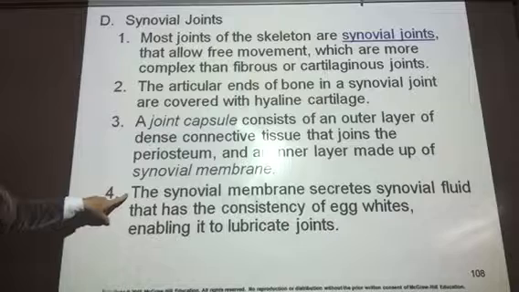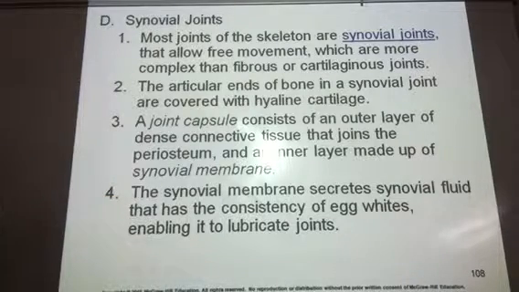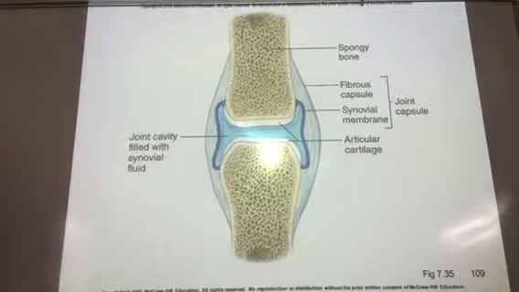The synovial membrane secretes fluid, which is very important for your joints to keep them movable. It's kind of like it prevents friction. It has the consistency of egg whites, and it's very important, like I said, for lubrication and keeping things moving. So it's a thicker liquid.